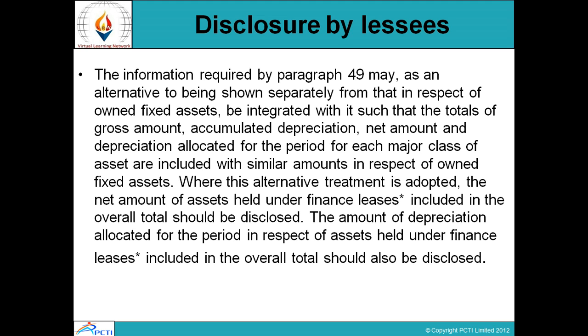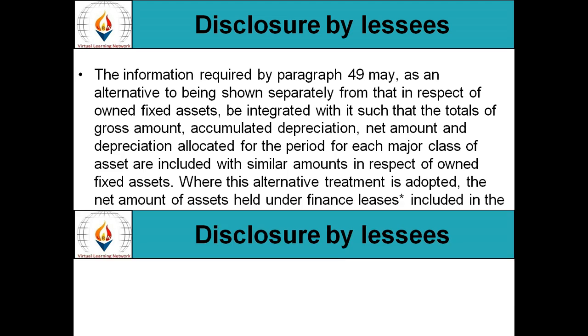Where this alternative treatment is adopted, the net amount of assets held under finance lease, included in the overall total, should be disclosed. The amount of depreciation allocated for the period in respect of assets held under finance lease, included in the overall total, should also be disclosed.